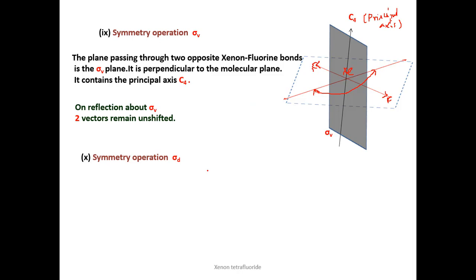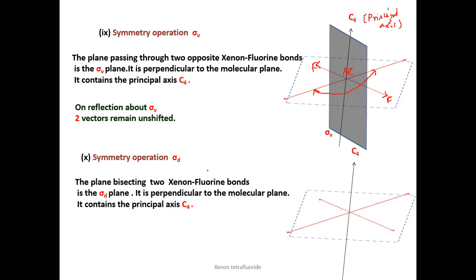Next comes the sigma D, which is the last element under consideration. The sigma D plane will be like this. This will also be perpendicular to the molecular plane. This will also contain the C4, the principal axis, but the difference is that this plane bisects 2 xenon fluorine bonds. This is one xenon fluorine bond, this is one xenon fluorine bond.